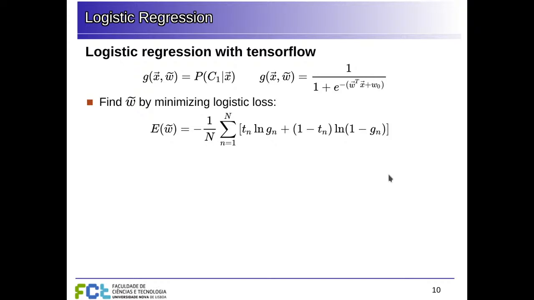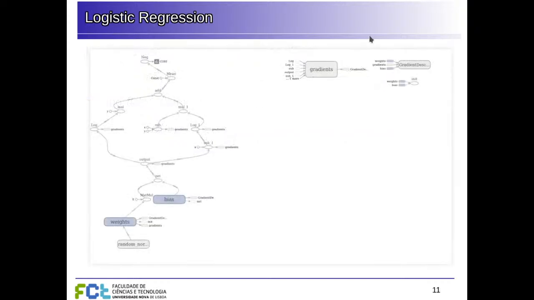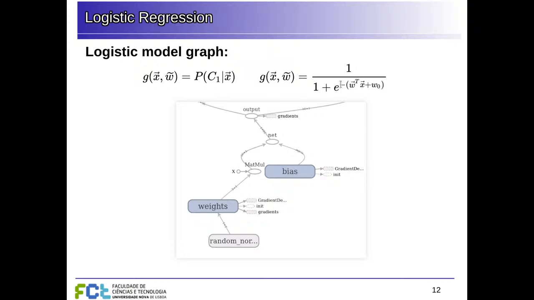And we're going to do that implementing it as a neural network, a very small one, which only has one neuron with this kind of activation and this loss function, and use stochastic gradient descent to find the best values of our parameters. So this would be the computation graph, which also includes gradients for all these computations. Just to take a look at some parts, we have here this part where we have the x.